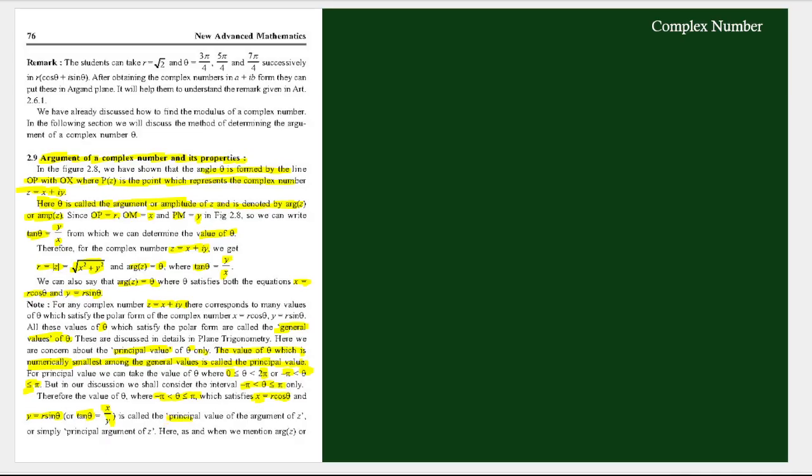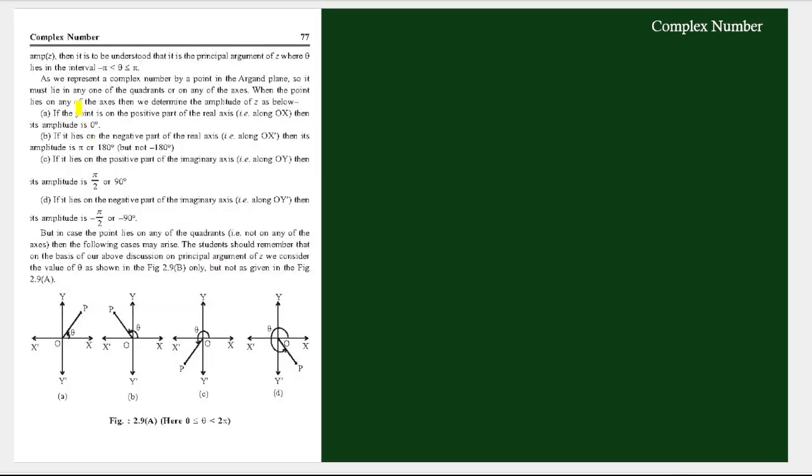Then this will be called our principal value of the argument of z, if it is between minus pi and positive pi, or simply the principal argument of z. So here, when we mention the argument of z, or the amplitude of z, it is understood that the principal value is in this interval, minus pi and pi, minus 180 and positive 180.